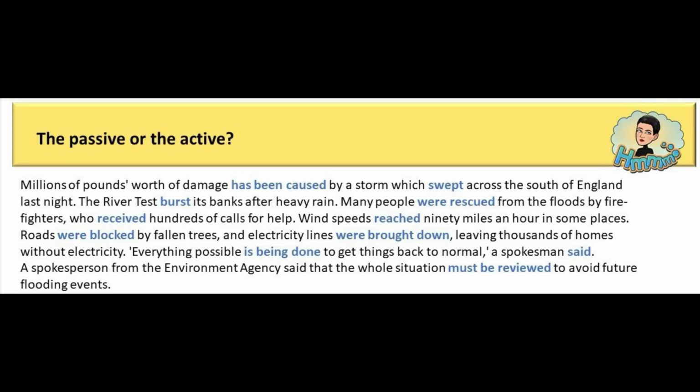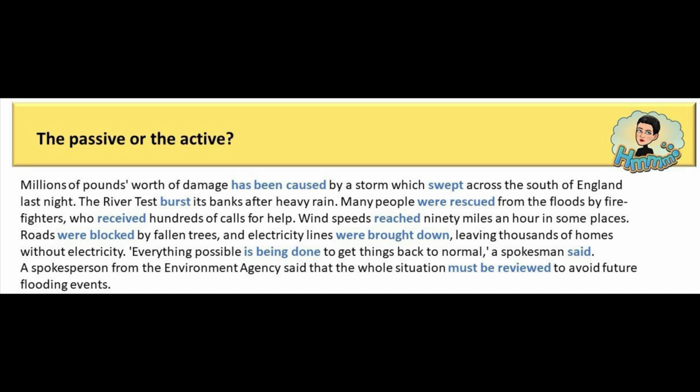So millions of pounds worth of damage has been caused by a storm which swept across the south of England last night. The River Test burst its banks after heavy rain. Many people were rescued from the floods by firefighters who received hundreds of calls for help.